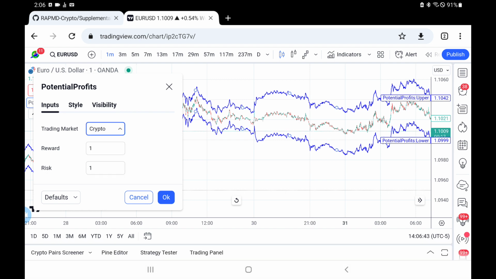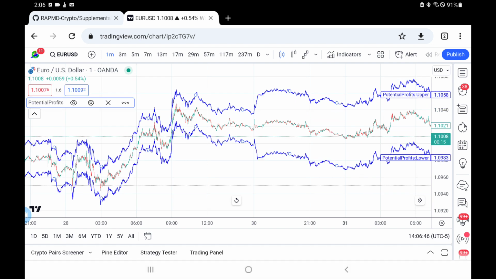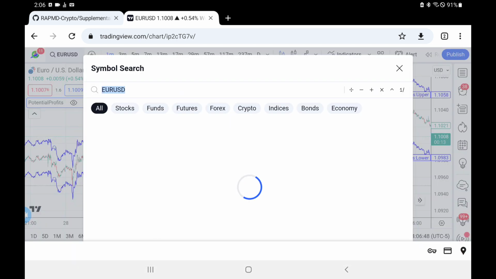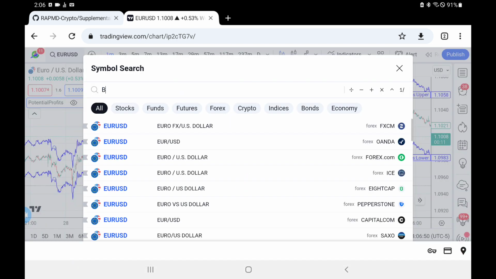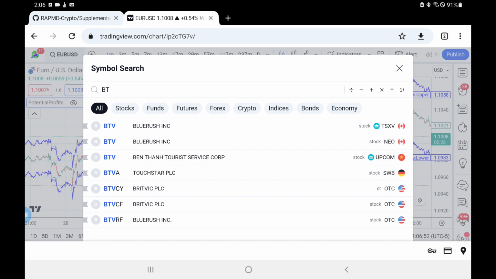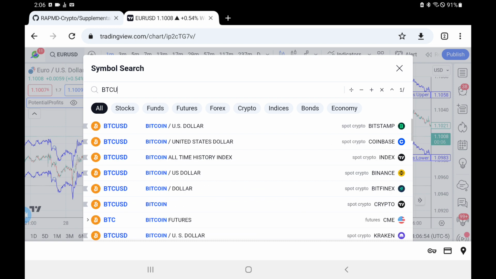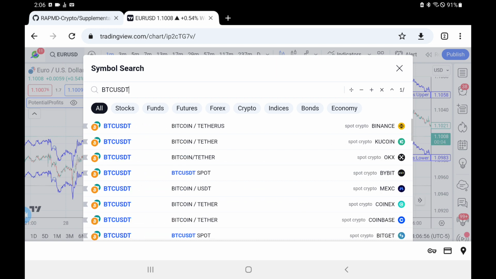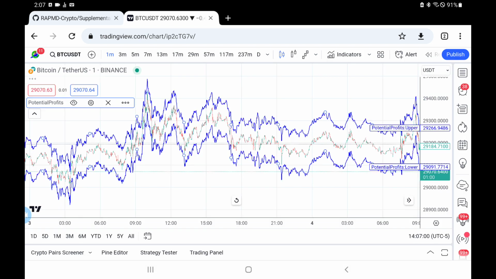Now let's switch to the cryptocurrency settings. And let's go to BTC USDT. As we've seen from the research, if the exchanges you are working with are fairly liquid, the exchange itself really doesn't matter.